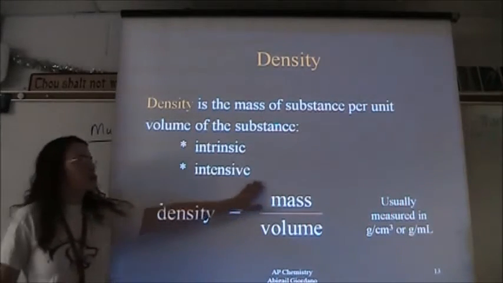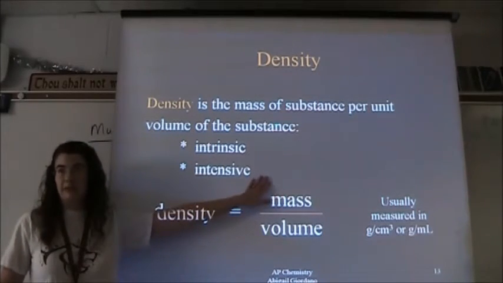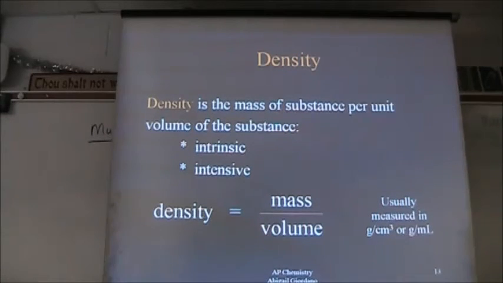This, however, is a word that you should be familiar with because you definitely learned it in Chem 1. Okay, intensive. Does anybody remember? It would have been from the very beginning of Chem 1. Okay, she's got it. Intensive means a property that doesn't change no matter how much you have.